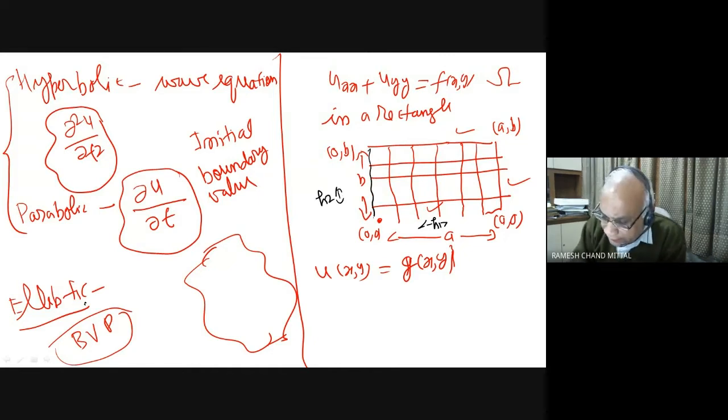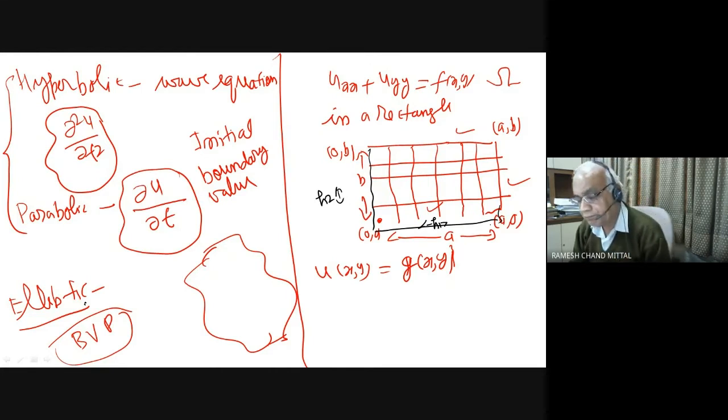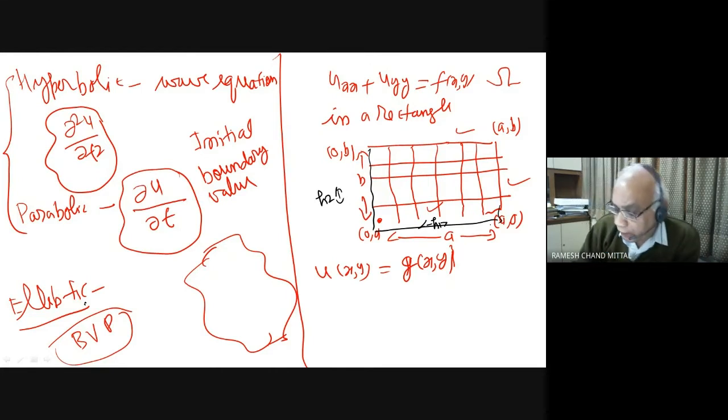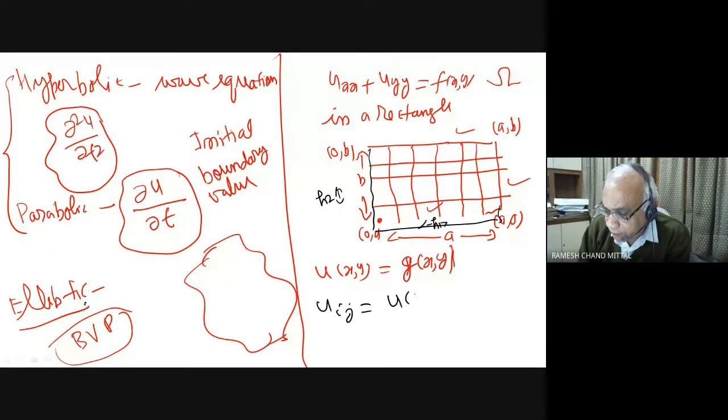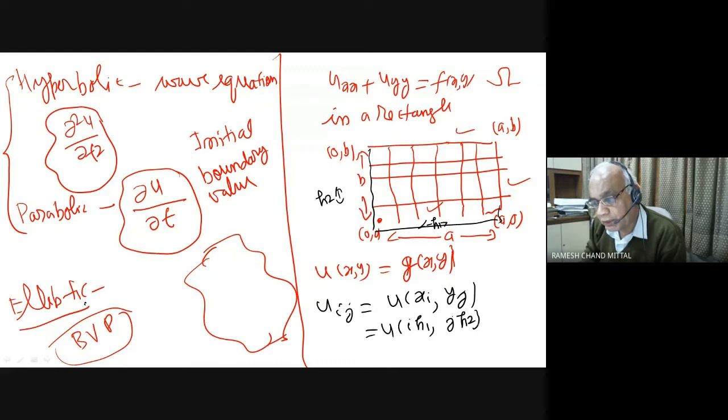So my rectangle is there, with step length h1 along x direction and h2 along y direction. Now my notation u_ij which I am writing will be u(x_i, y_j), which is nothing but u(i h1, j h2). So h2 is along y direction and h1 is along x direction. So this will be my point.